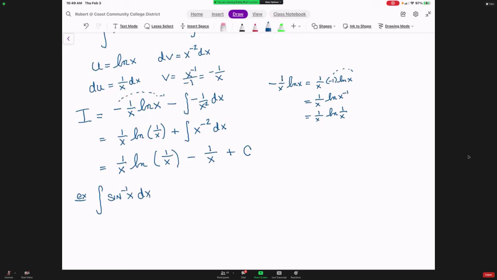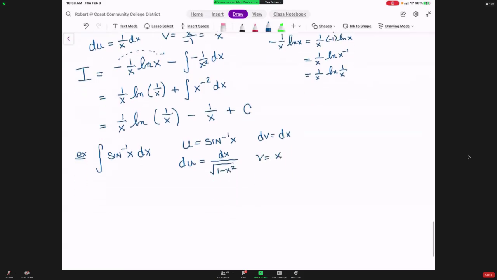All right, not much choice here, right? u equals sine inverse of x, dv equals dx. So du is going to be this thing, and v is now going to be x.